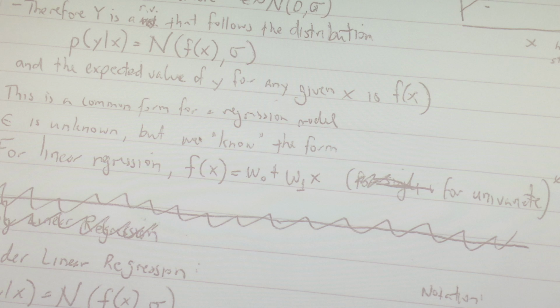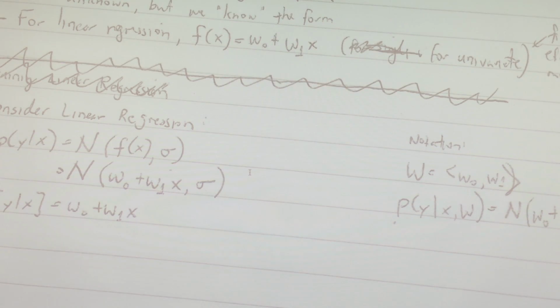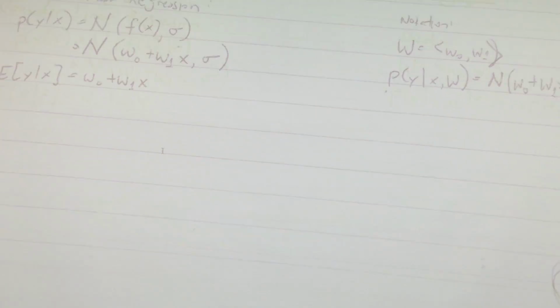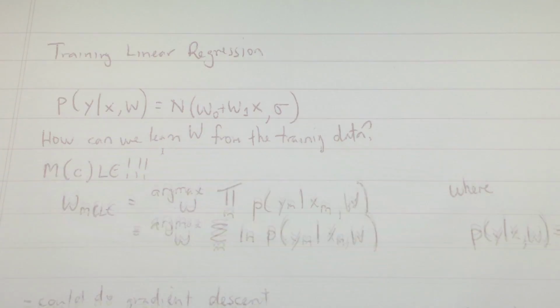So we don't know the error, but we know the form. That means that in our linear regression, f(x) is the mean and the noise is the variance.